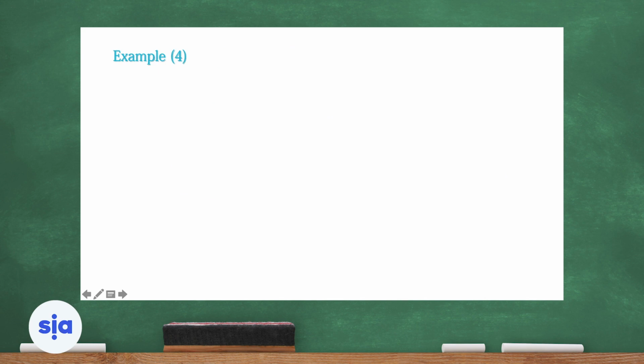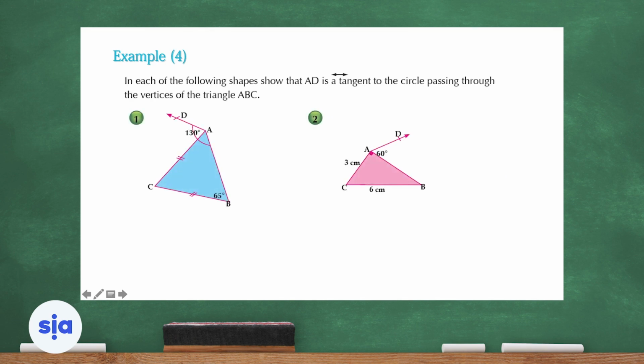Example number 4. In each of the following shapes, show that AD is a tangent to the circle passing through the vertices of triangle ABC. In question number 1, CA is equal to CB.